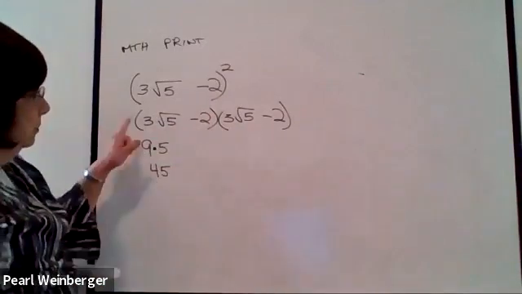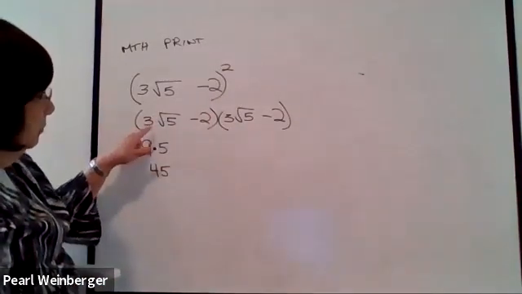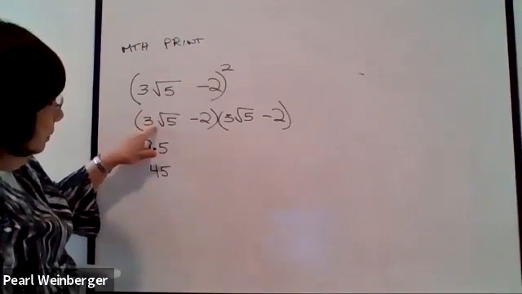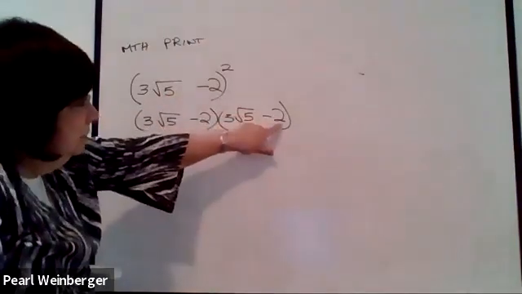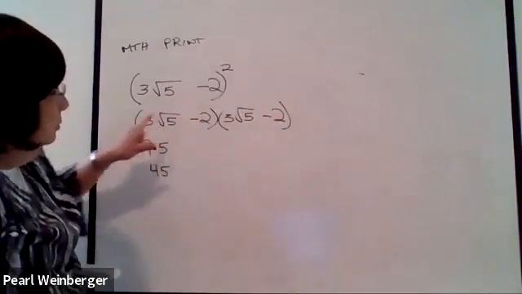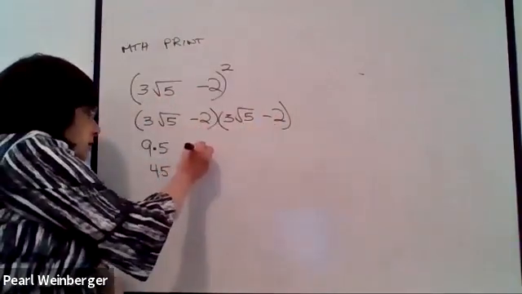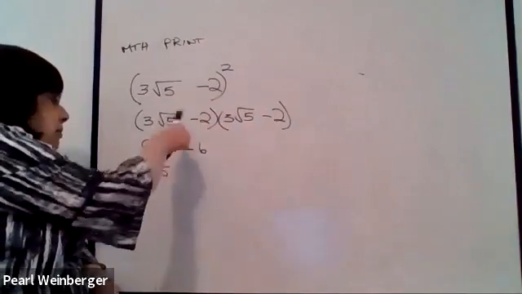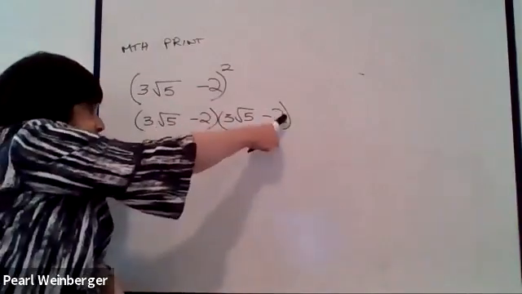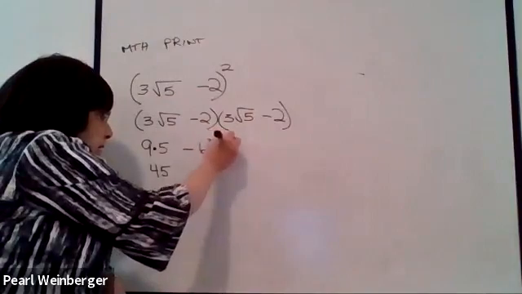Okay, that takes care of the first term. Now we have outer. The 3 radical 5 times the negative 2. So the 3 times the negative 2 gives me negative 6. And there's no radical next to the 2, so I just bring down that radical 5.